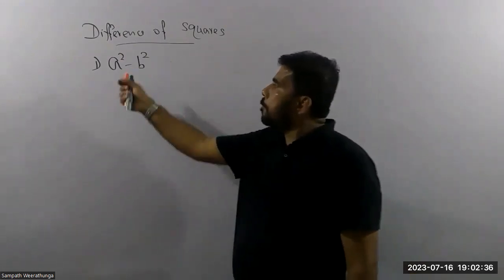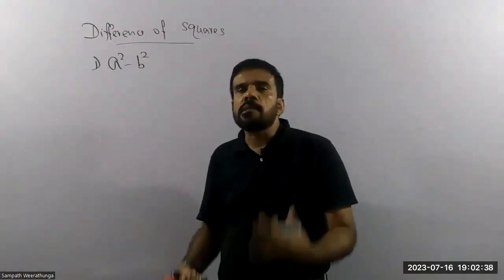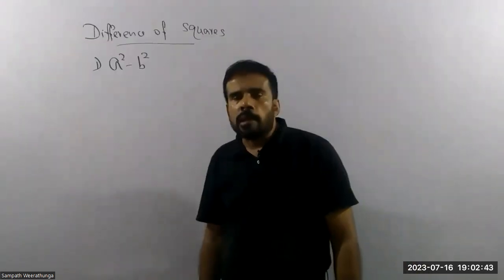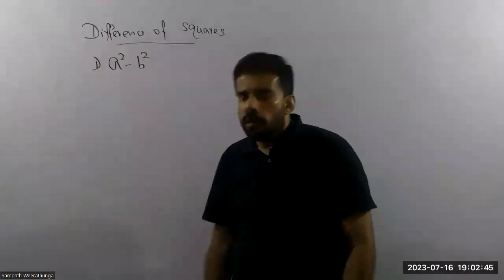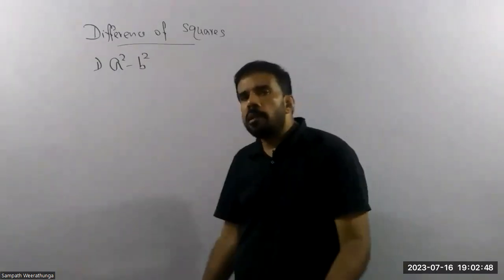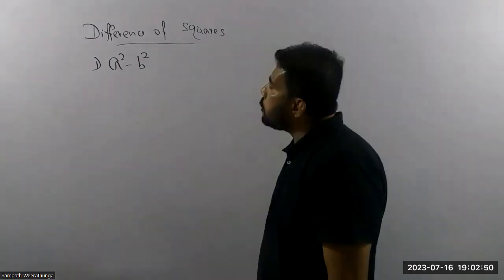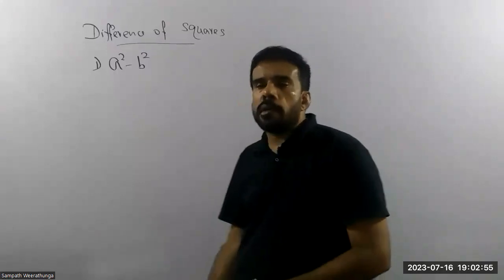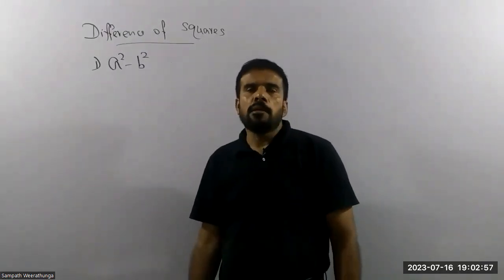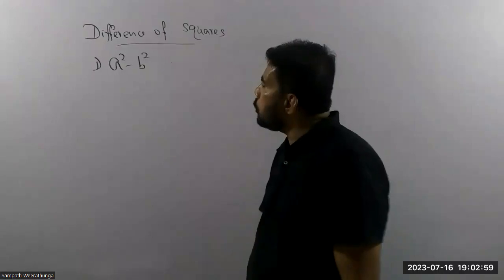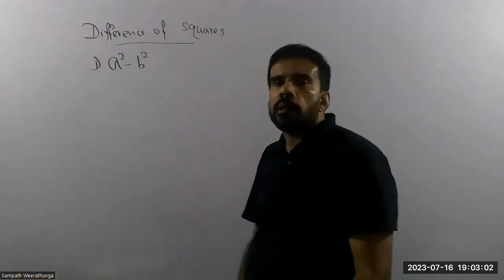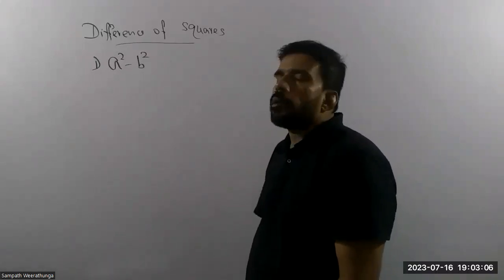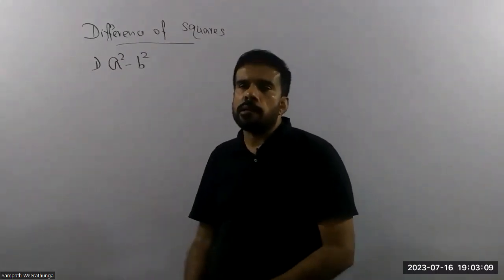At first glance, we are not getting any idea how to tackle this, but we'll do some small manipulation and then we'll see a further simplified version, which is useful to solve further problems, or combined problems, where we can see difference of squares as well.